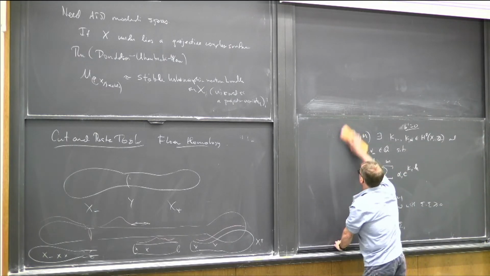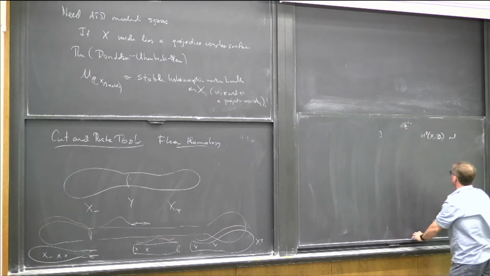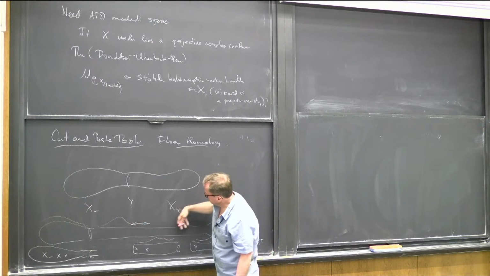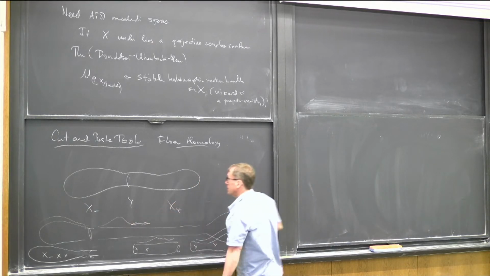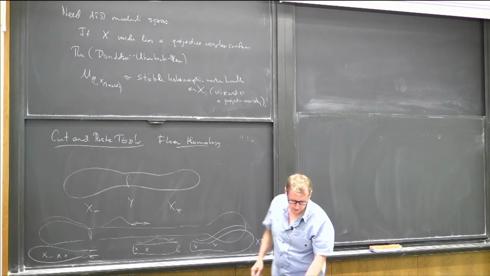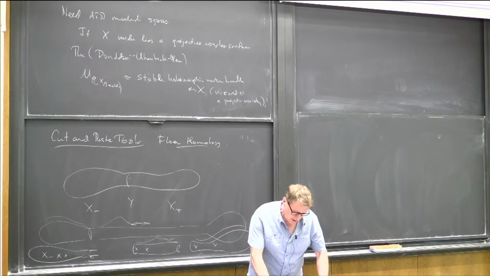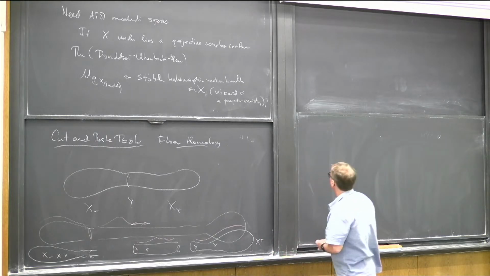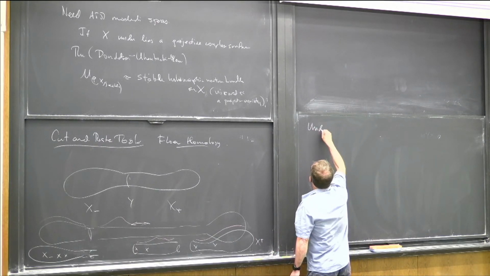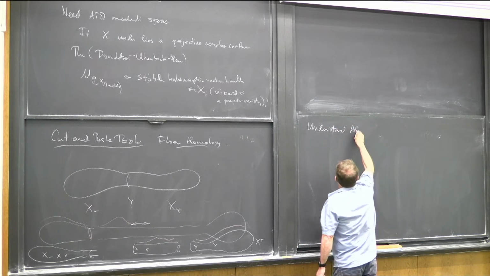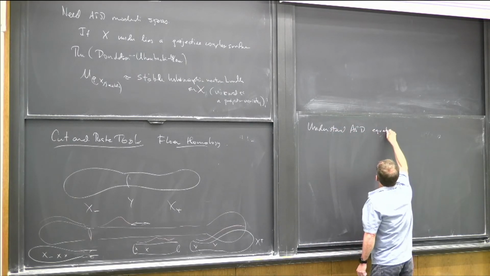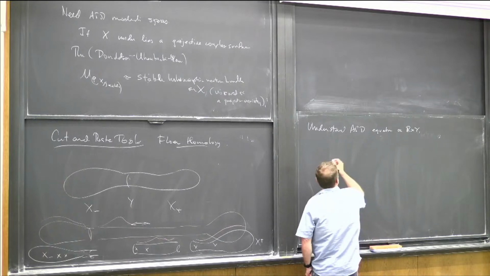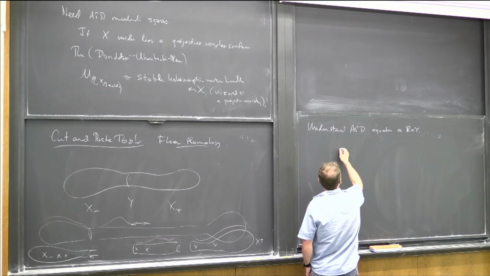But the first observation to make is to understand the ASD equations on a cylinder. Let's write, so I have a connection on the cylinder.